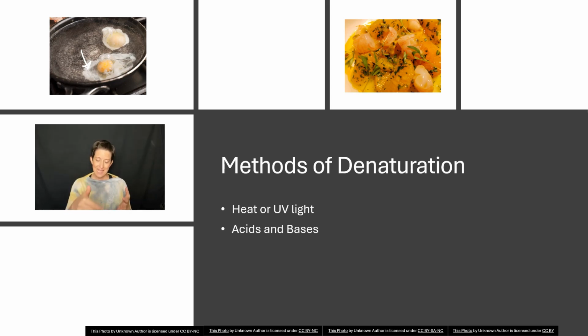So it goes in and essentially disrupts those R group and hydrogen bonds, and the ions of the acids and bases will go in and then be attracted. So like our carboxylate ion, H plus is like, oh, hello, carboxylate ion. I'm going to hang out with you now. And so even though you're not using heat to cook this fish, the acid is doing the same exact job of denaturing the proteins to cook it.